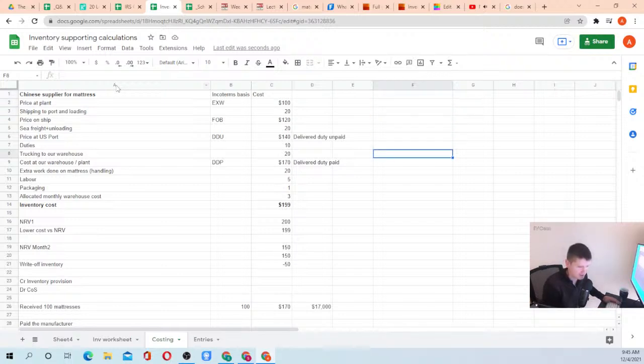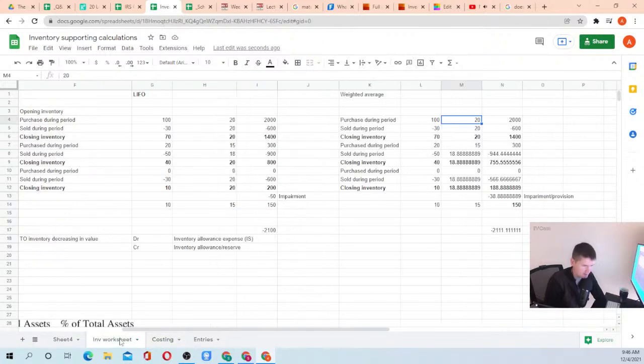But that's in case you are not moving your inventories around. If you start to sell your inventories, your cost flow assumptions will kick in, and you will have to deal with that.